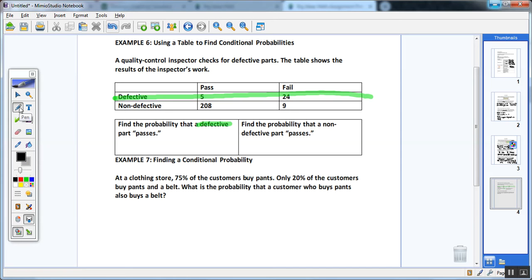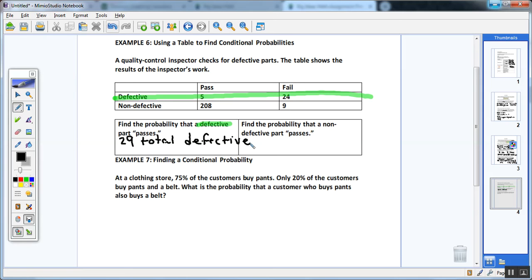So I'm going to write this down. There's 29 total defective parts. Of those 29 total defective, how many passed? 5.